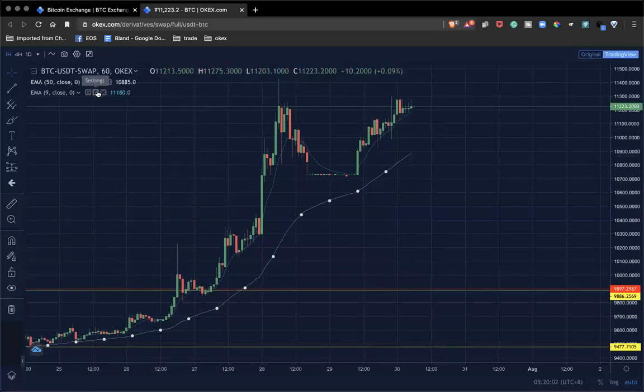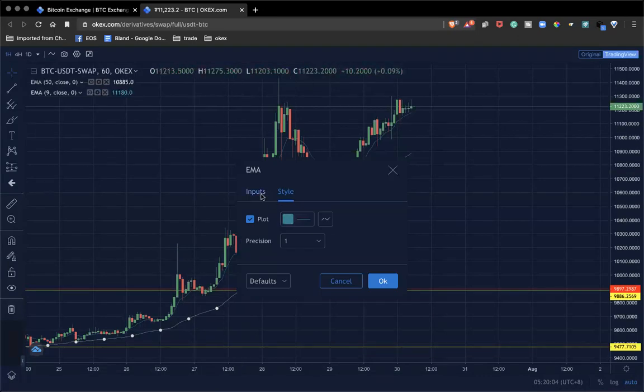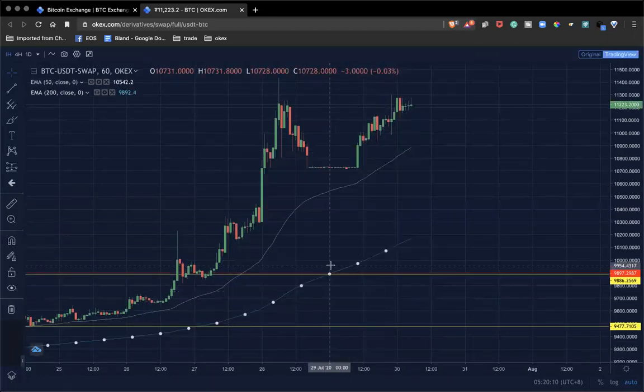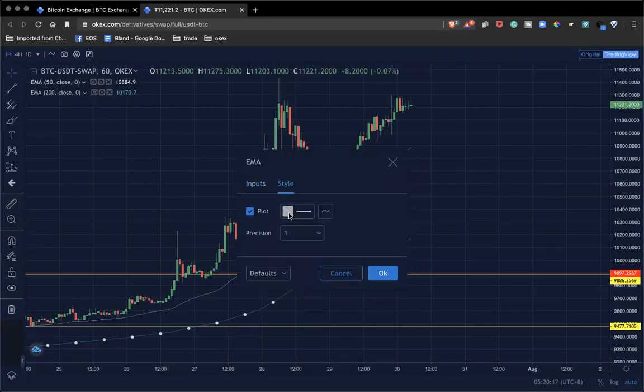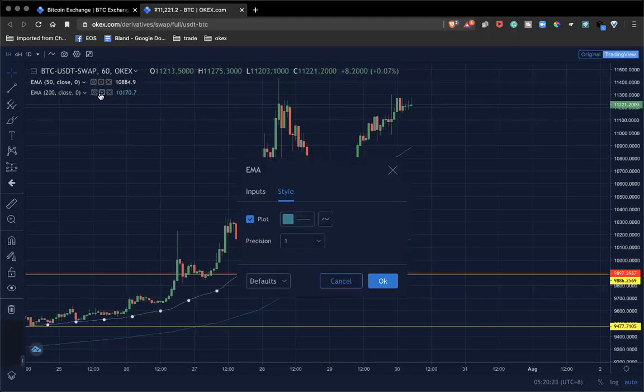And I also like to use the 200 moving average. And let's also give it a white color. Okay.